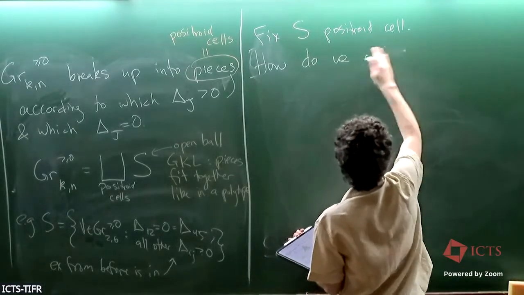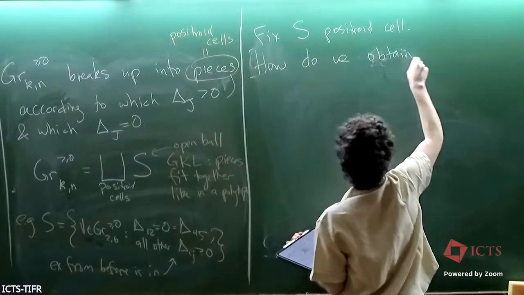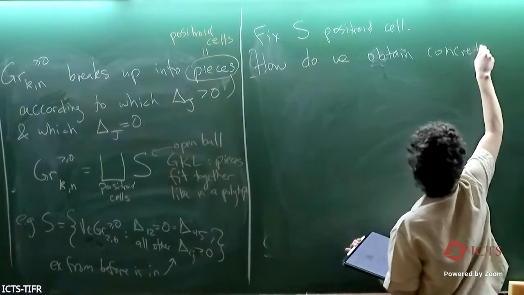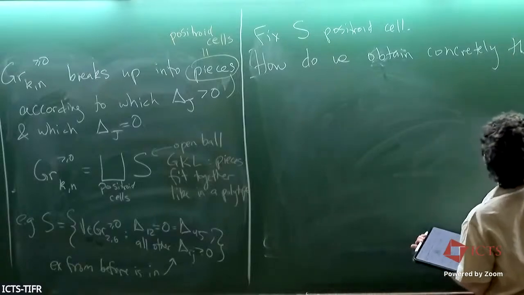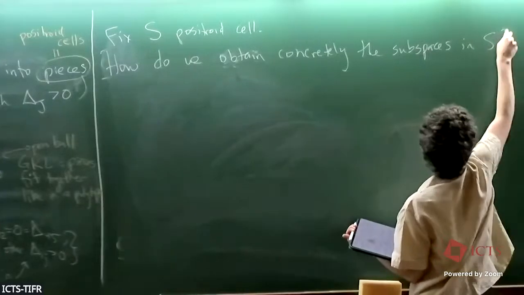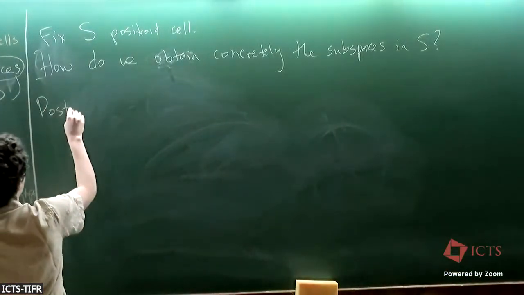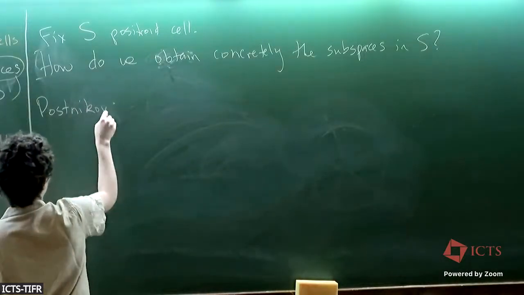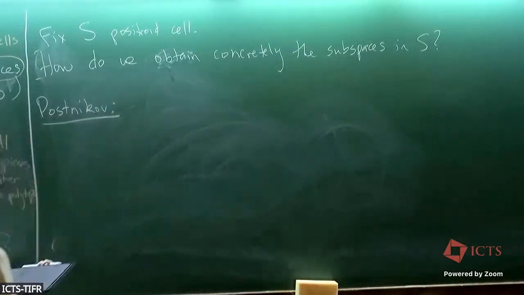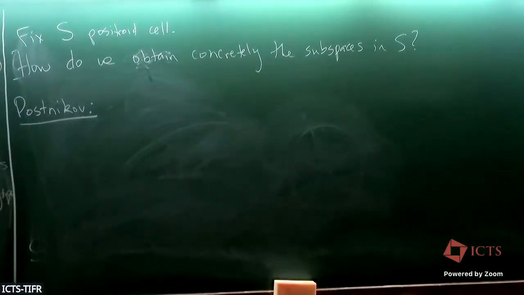Maybe how do we obtain concretely the subspaces in S? Okay, and Postnikov tells us that you can actually obtain all of the points in a positroid cell from a graph that looks like this.